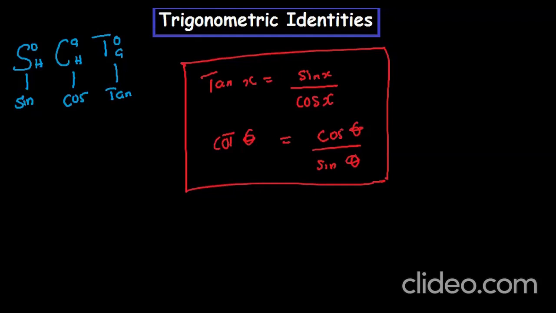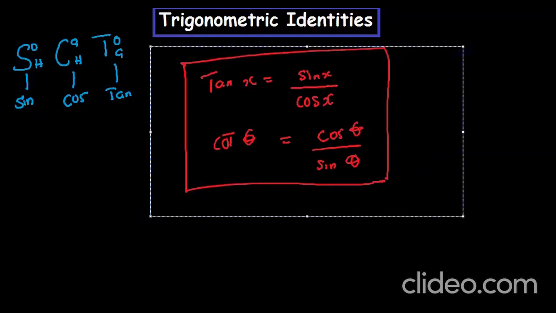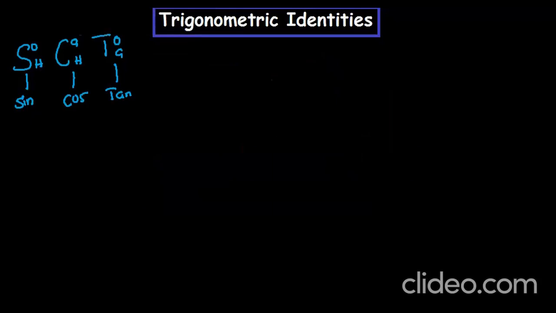So what about the Pythagorean identities? These relate the sine, cosine, and tangent of an angle in a right angle triangle. Let's write it down.